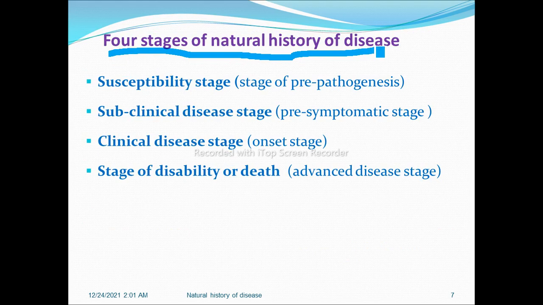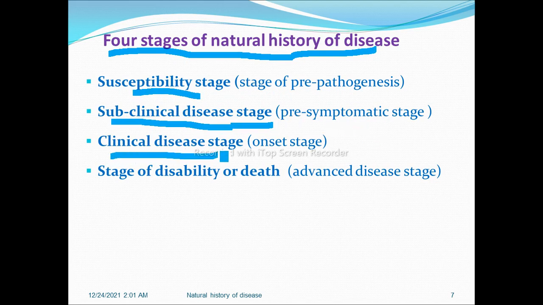The first stage is the stage of susceptibility or stage of pre-pathogenesis. The second one is the subclinical disease stage or pre-symptomatic stage. The third one is the clinical disease stage or onset of stage. The fourth one is the stage of disability or death or advanced disease stage. We will cover these stages; they are very important stages in natural history of disease.